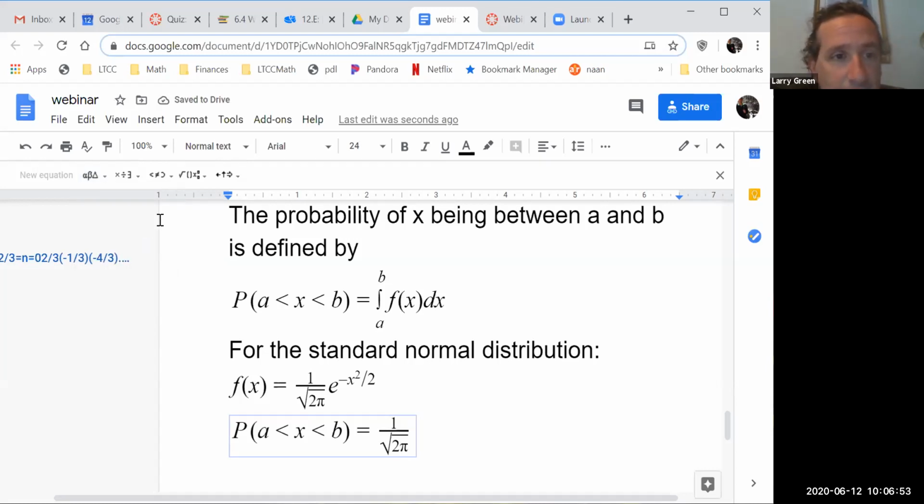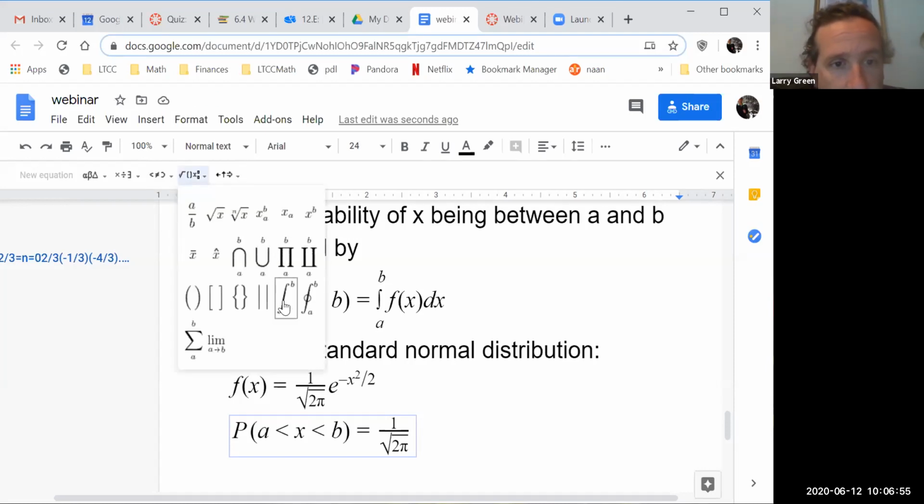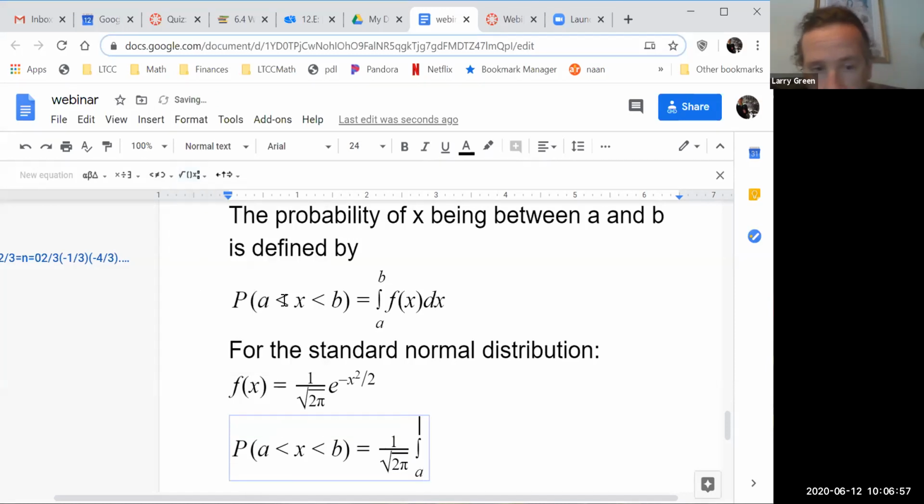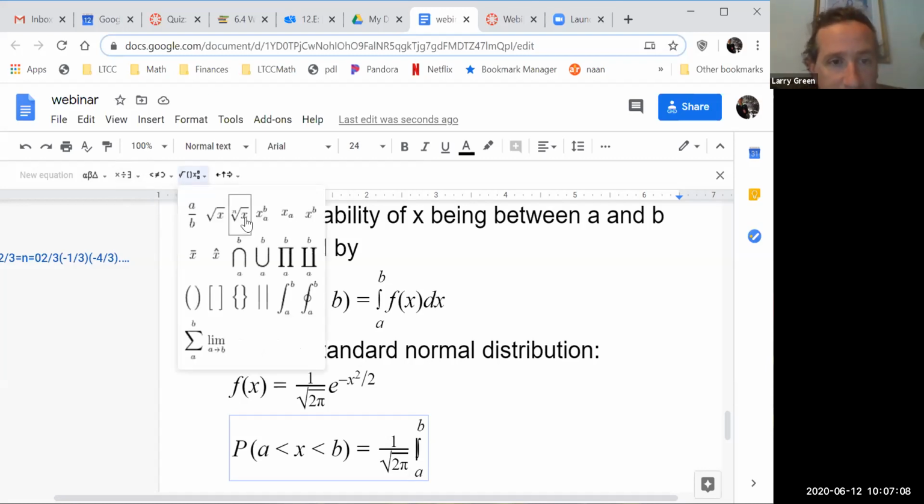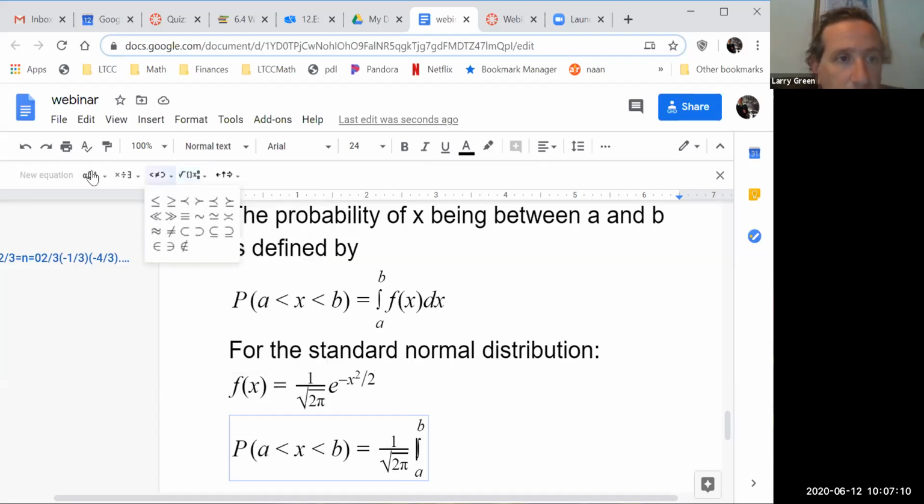And then I can integrate from A to B. And I can also take the sum outside, and that's a big deal, actually. You're allowed to do that because it converges absolutely. I'm just going to do the sum.